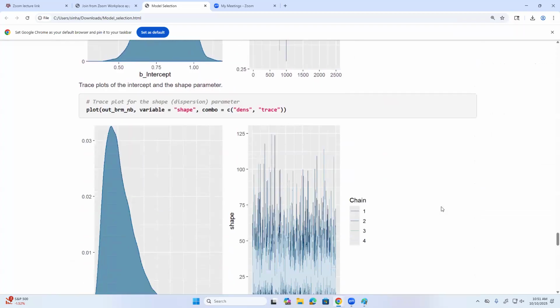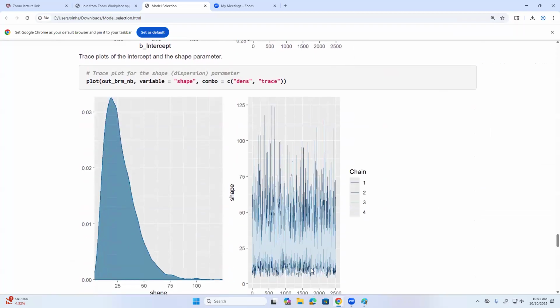Next, for the shape parameter, the mode is around 25, and the shape parameter is a positive valued random variable. So the posterior distribution is right skewed, right?